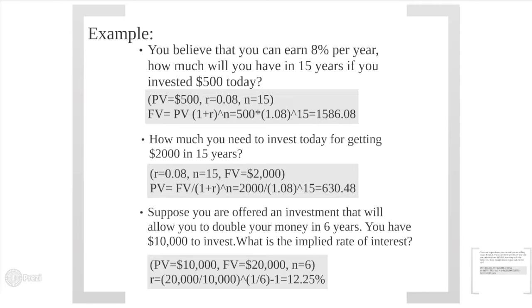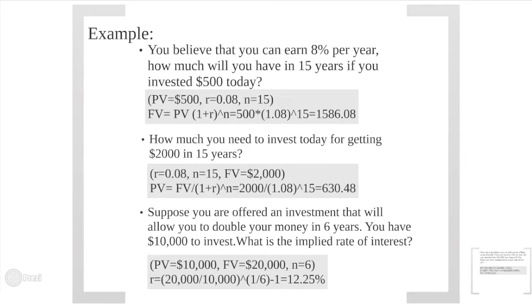So the future value equals present value times 1 plus r to the power of n, which equals 500 times 1.08 to the power of 15, and that is 1586.08.